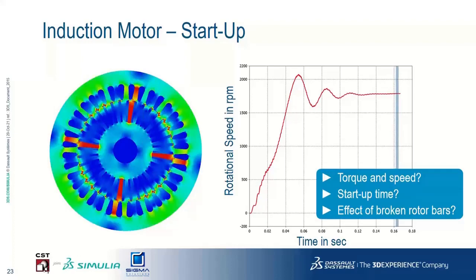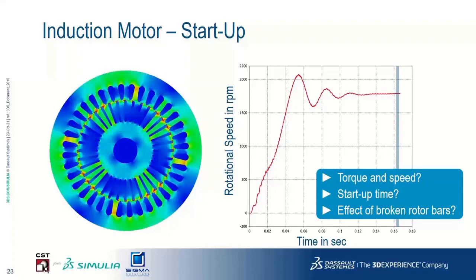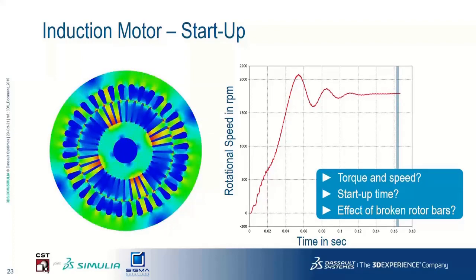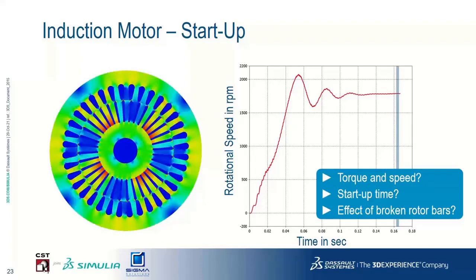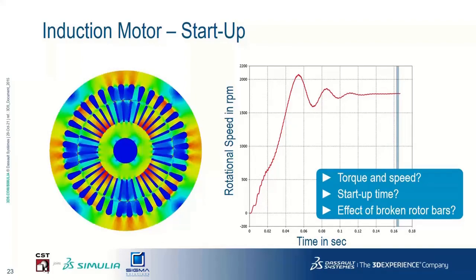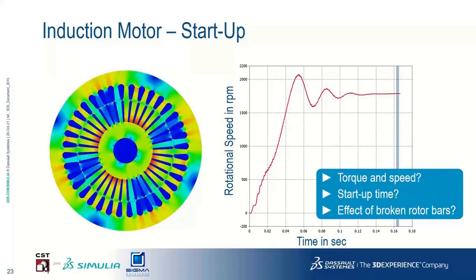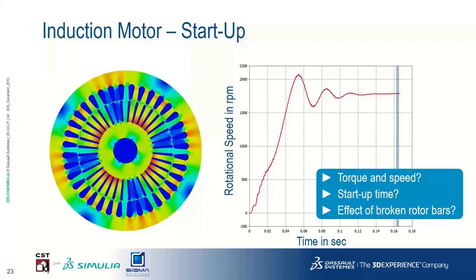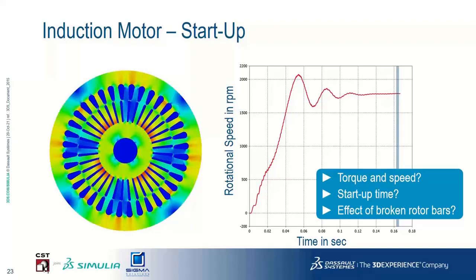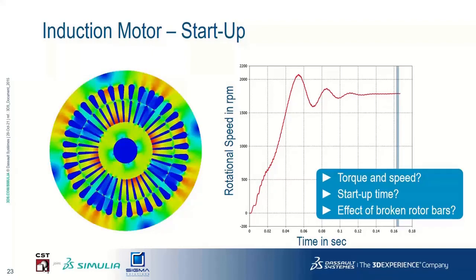Just to show it to you, here you see the startup process of an electric motor. We see its speed against time, and again, you would look at a couple of things. You would want it to have maximum torque, of course. You want the startup time to be as short as possible.